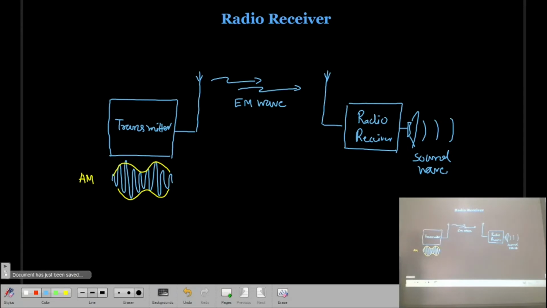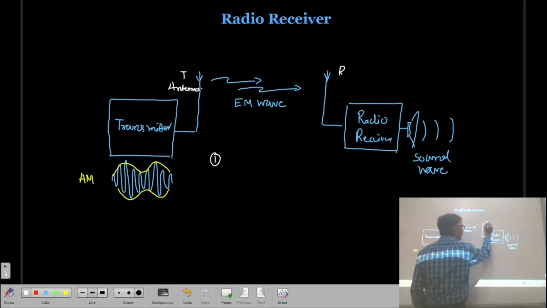So let us see the process done by the radio receiver. First of all, here the receiving antenna is there. This is known as the transmitting antenna. In a radio receiver, we have a receiving antenna.